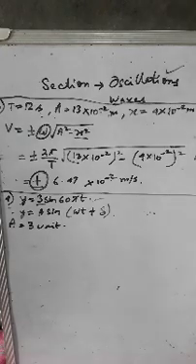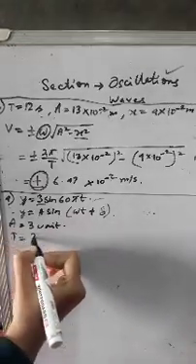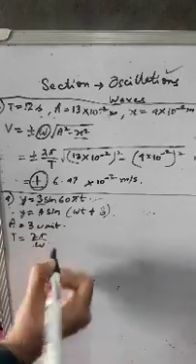Alright. So now, what is the second question? That you have to find out the time period. Alright. So for time period, students, what is the main formula, or one of the easiest formulas that comes in our mind is T equals to 2 pi by omega.